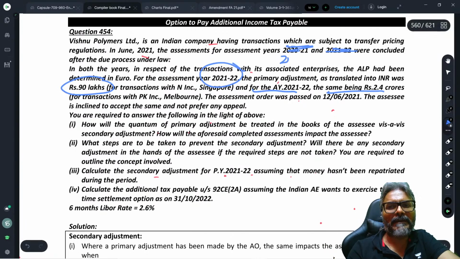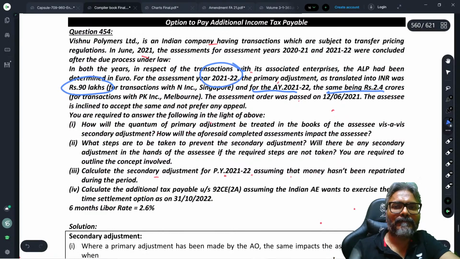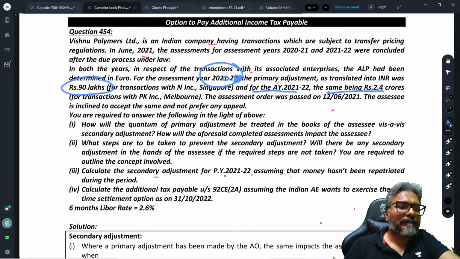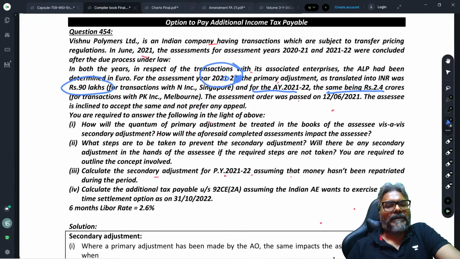Make this as 21-22. Just a second. Hold on. Okay, friends.